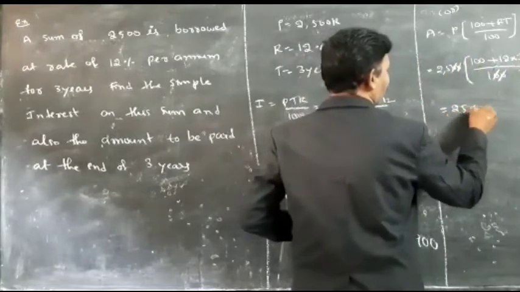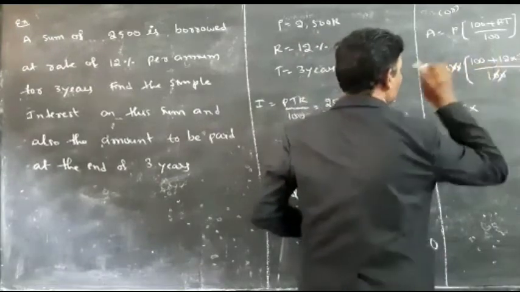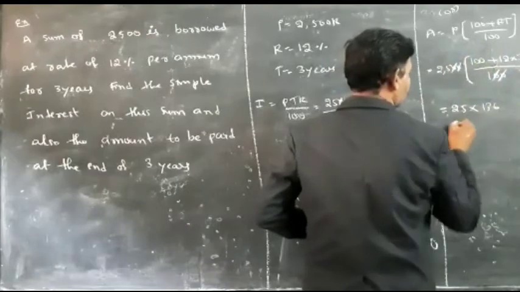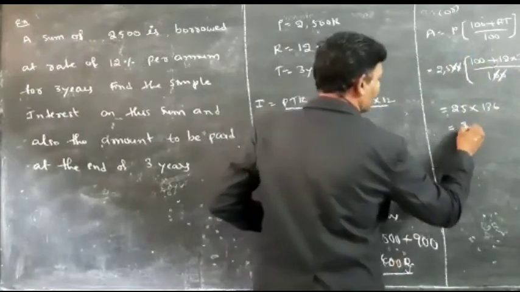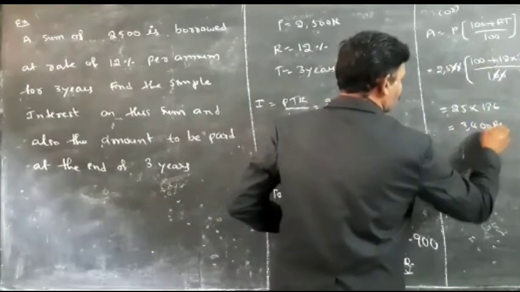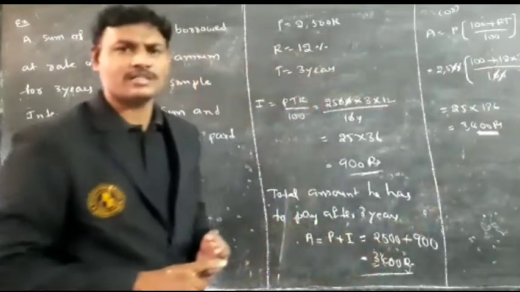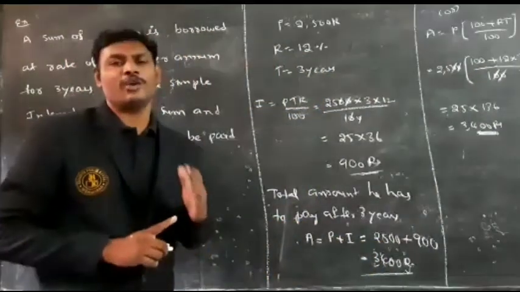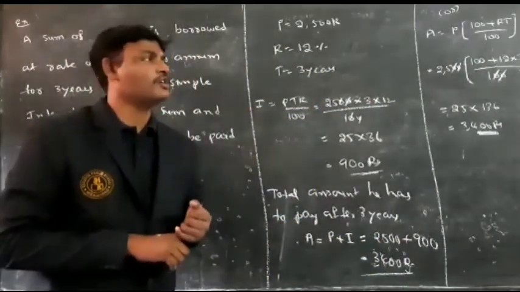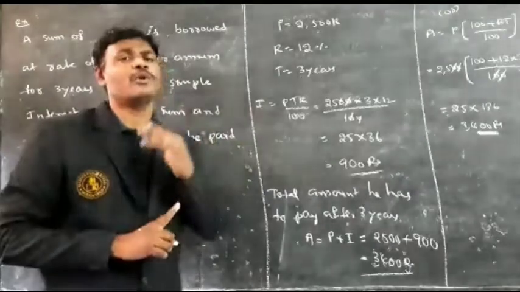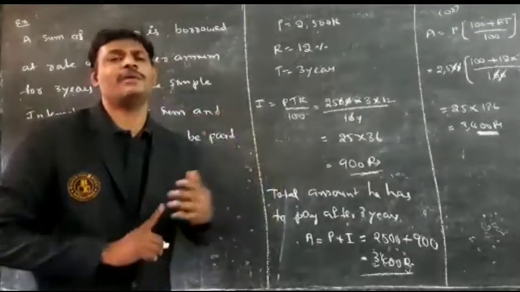So 25 into 136 is equal to 3400 rupees. So after 3 years he has to pay 3400 rupees including interest. So in simple interest, principal amount does not change by year.